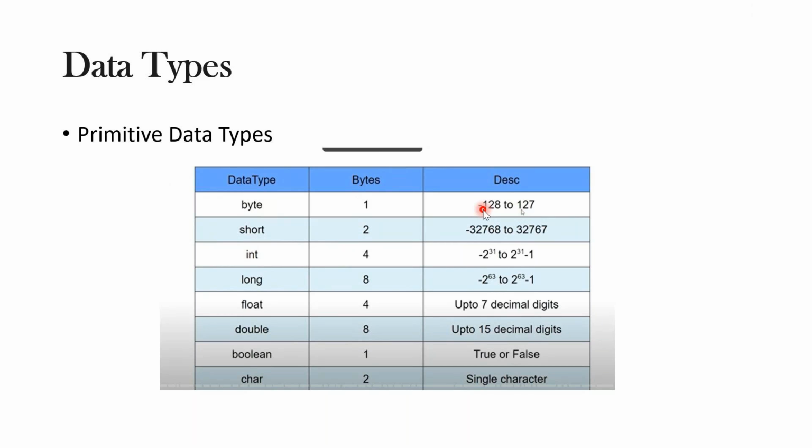So minus 128 to plus 127. If you sum these up together, you will get 256, which is equal to 1 byte. So 1 byte equals 2 power of 8, which is 256, and the 256 is for both positive and negative numbers, so it is distributed, half of them for negative numbers, half of them for positive numbers.